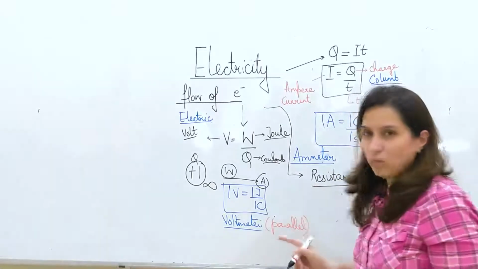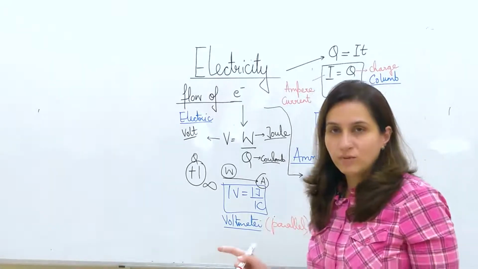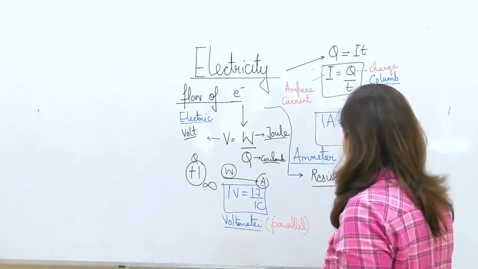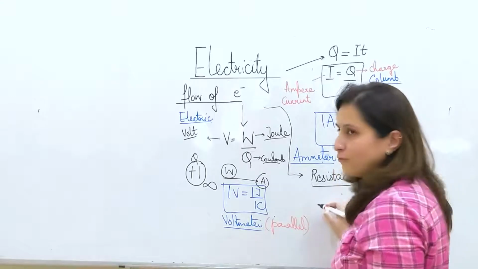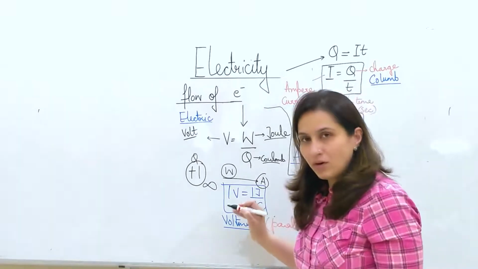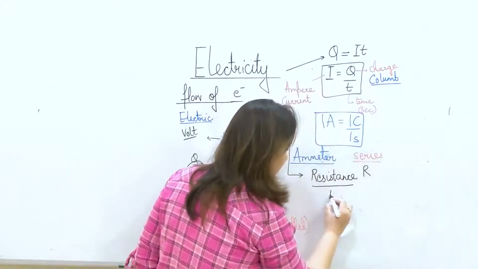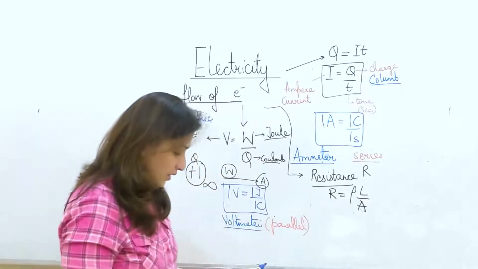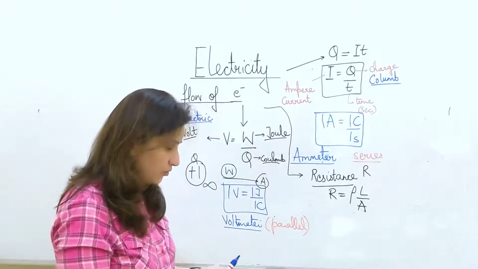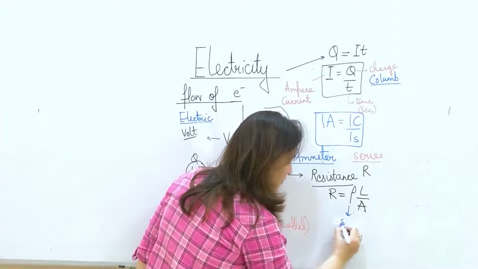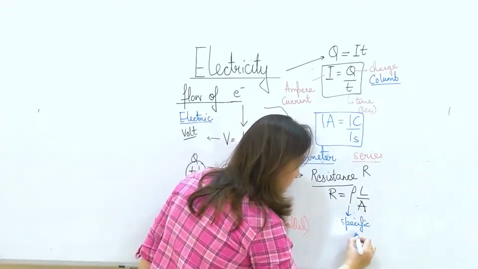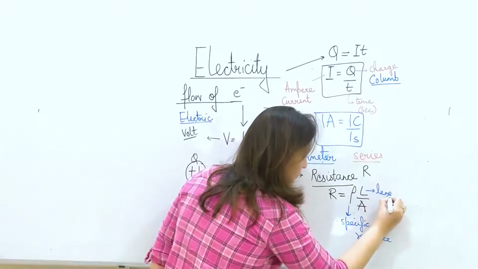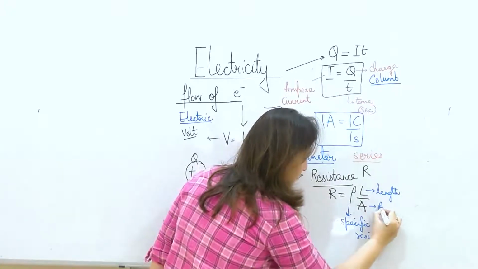Resistance is the opposition to the flow of current, and it is denoted by capital R. The resistance formula is R equals rho L upon A, where R is the resistance of a conductor, rho is the specific resistance, L is length, and A is the area of cross section.